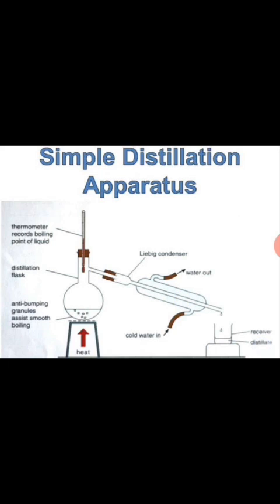So I believe we have done justice to separation techniques. By now you understand what separation techniques are all about, and at home you can easily carry out simple separation techniques using the filtration method.